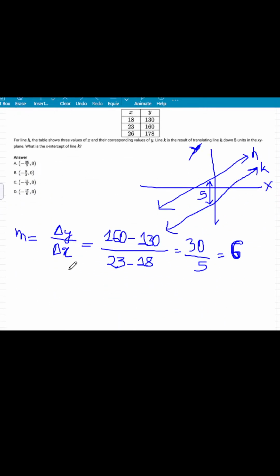Now we can use this slope and one point form, which is y minus y1 is equal to m, the slope, multiplied by x minus x1. Now let us use this point 18 and 130. So we have y minus 130 is equal to m, which is 6. We already got that here. So 6 multiplied by x minus the x coordinate, which is 18.